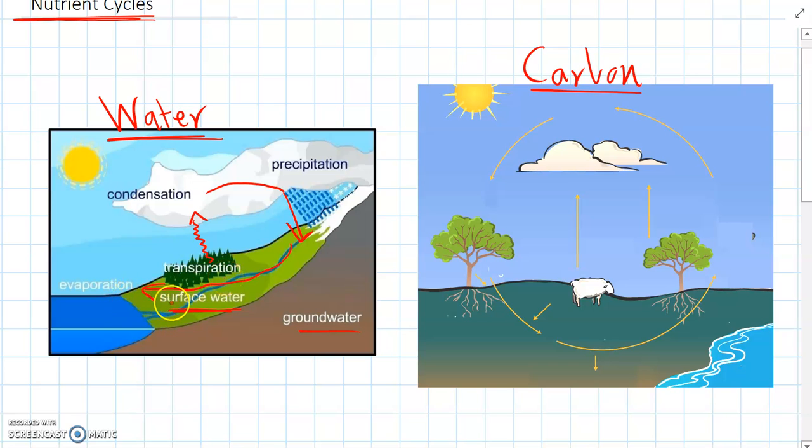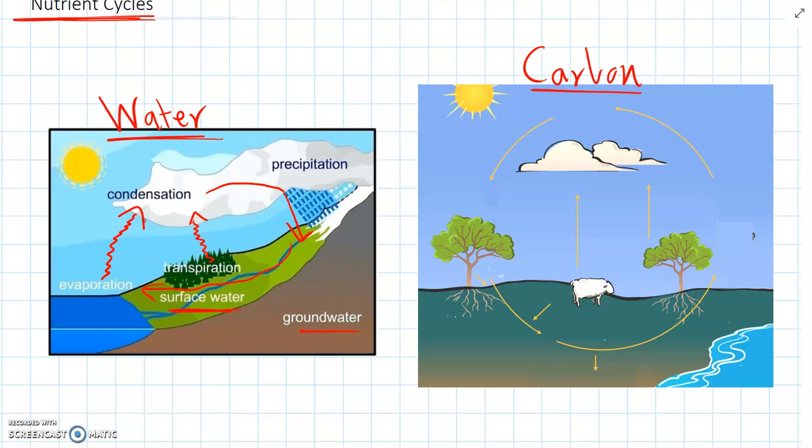Plus, some of the water that's in rivers and in the ocean evaporates back into the sky, and then it condenses as clouds. So there are a few more details, but that's the basic outline of the water cycle.